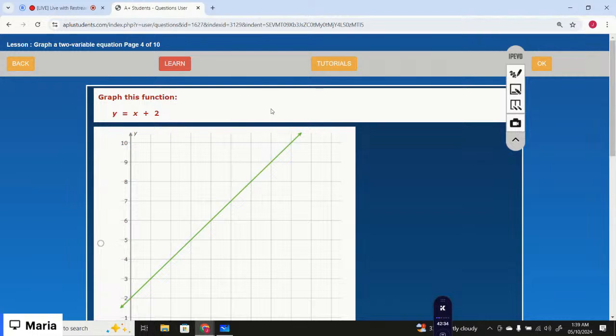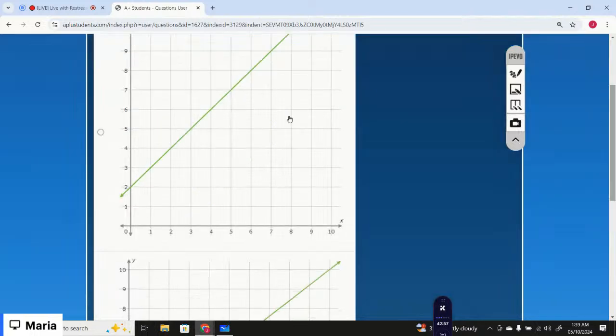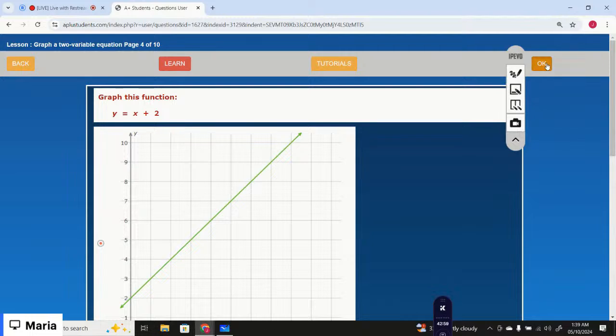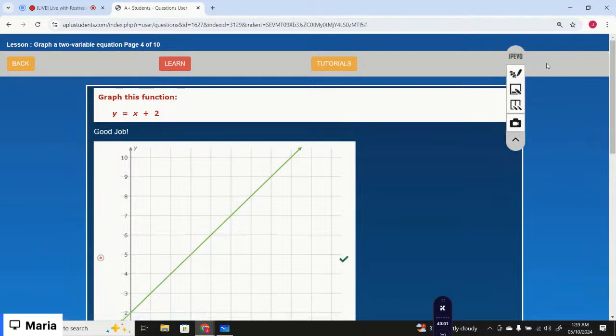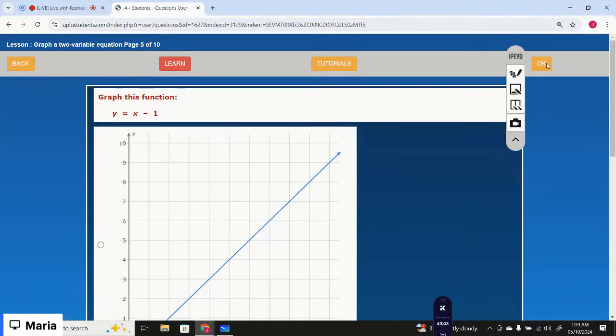Y equals x plus 2, which is the correct option? So which is the correct option? That's option number 1 is the correct option. Graph the function y equals x minus 1.